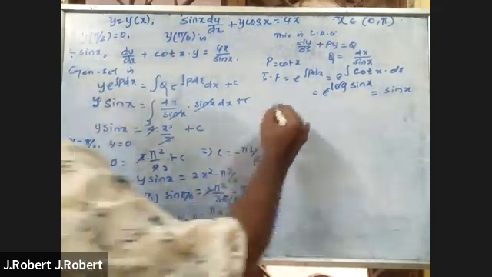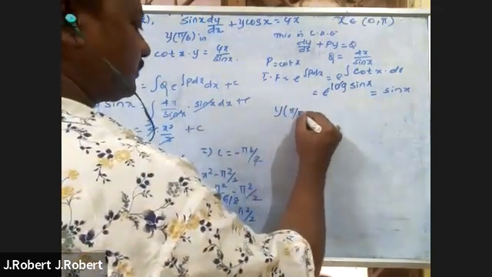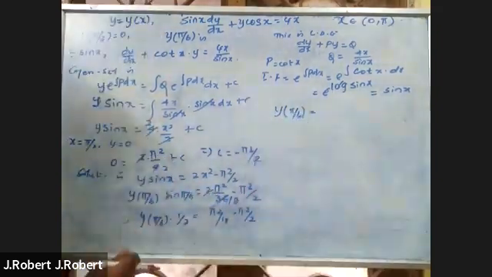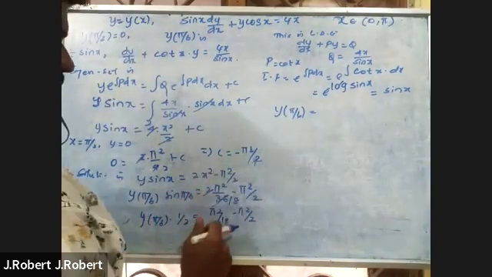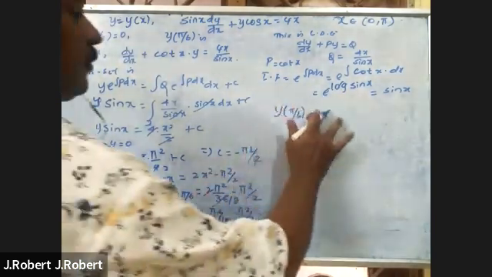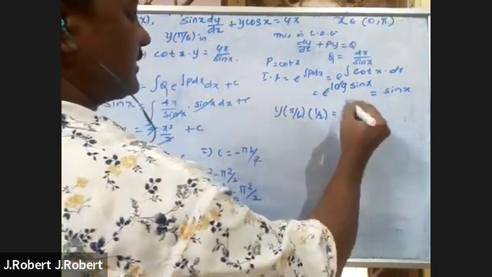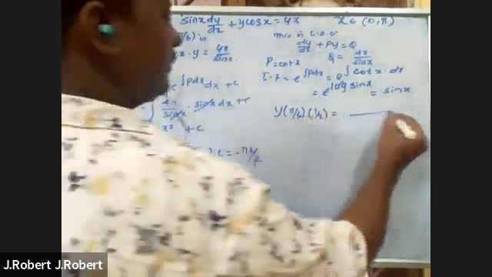So now we can write y of pi by 6 into 1 by 2 and simplify. Take the LCM; 18 is the LCM.